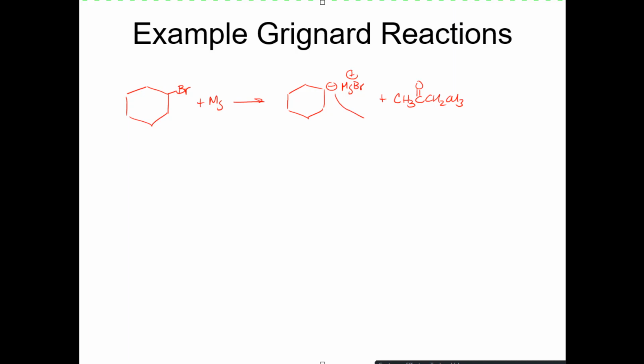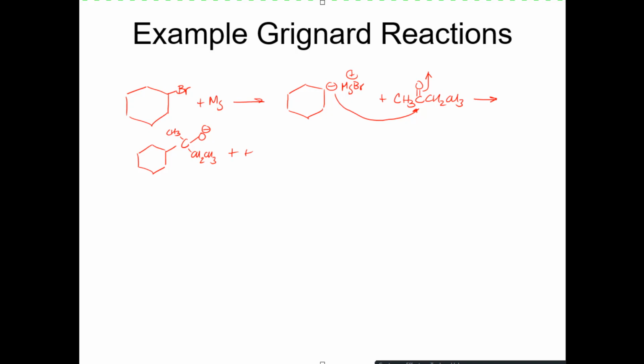So the C minus of the cyclohexane ring would attack the carbon. We would end up with adding that to the carbon. It would have a CH3 group on this side, a CH2CH3 group there with the O minus. And you don't always have to write the MgBr with this.